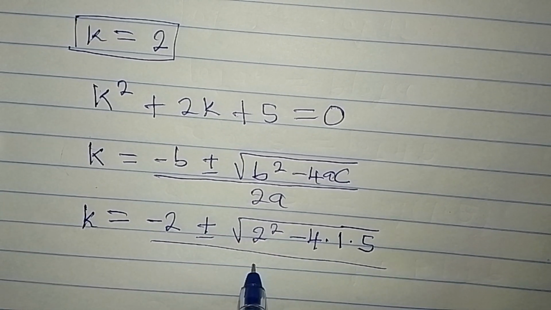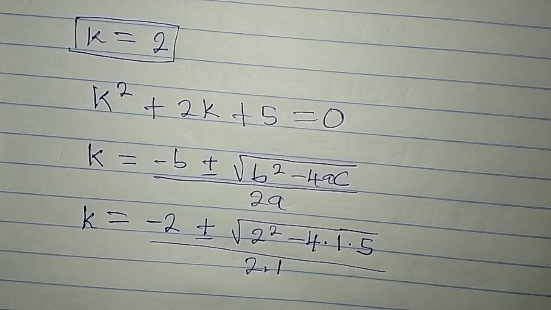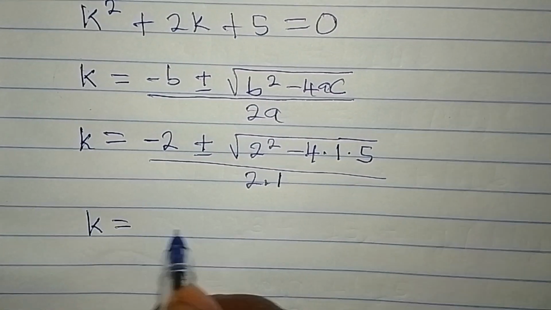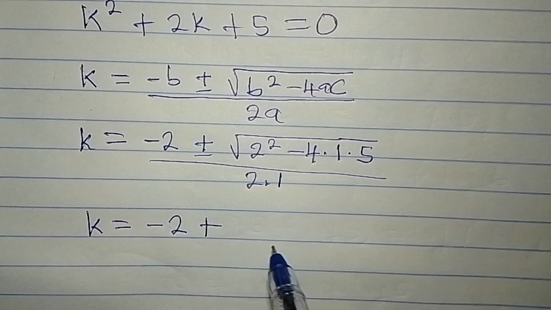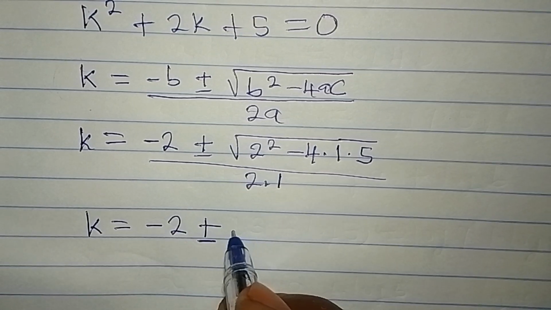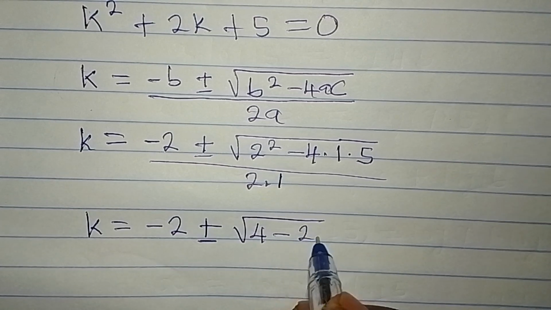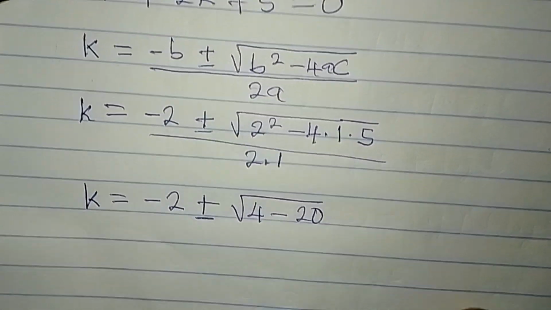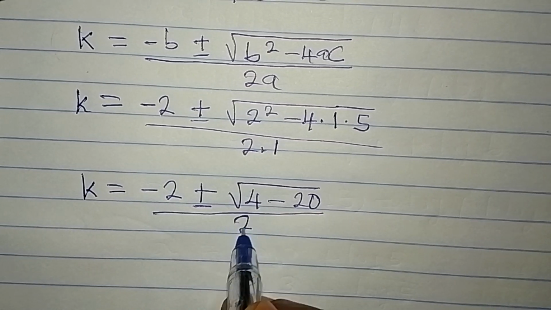Divide the whole of this by 2 times 1, because a is 1. Now, our k will be equal to minus 2 plus or minus square root of 4 minus 20. How did I get 20? 4 times 1 times 5 is 20, and this is over 2.